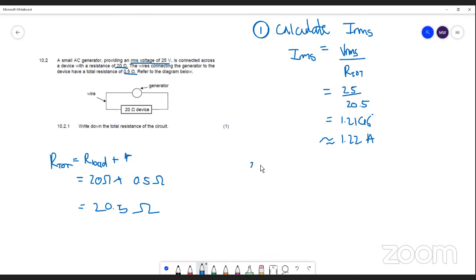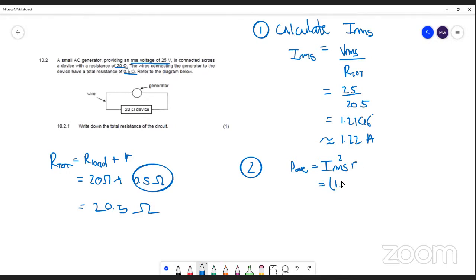Then secondly, I'm going to work out my average power that is being used in my internal resistance, or from my wires. So that is equal to your RMS current squared times, I'm going to use this 0.5, so I'm going to say little r.